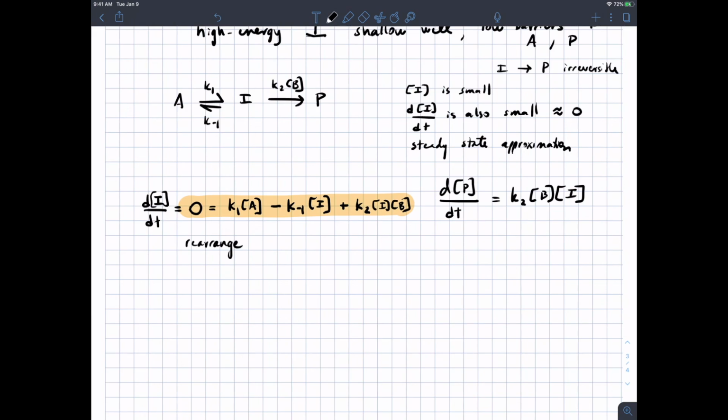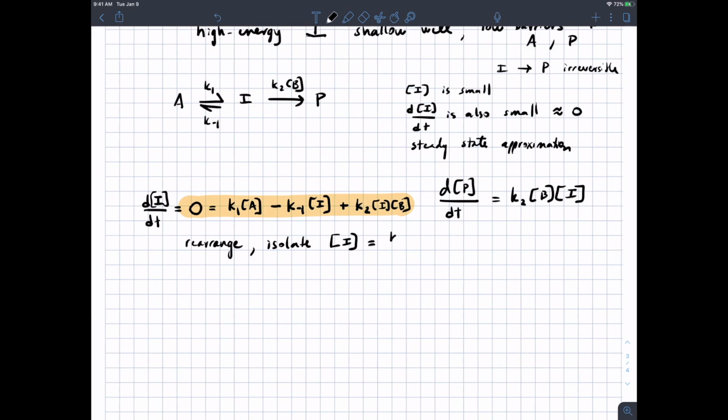Today's theme is fun tricks of algebra and calculus to eliminate things we don't know. We're going to rearrange this equation and isolate the concentration of I as a variable. Not going to do that algebra. It's not hard, and you can convince yourself that what I'm going to show you is the case.